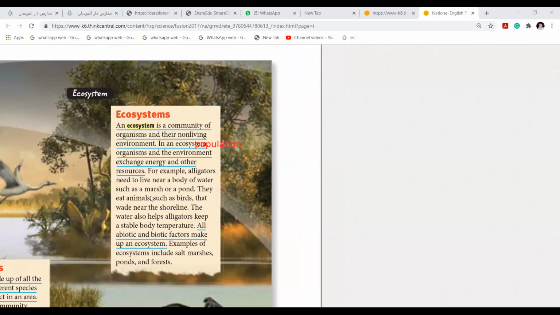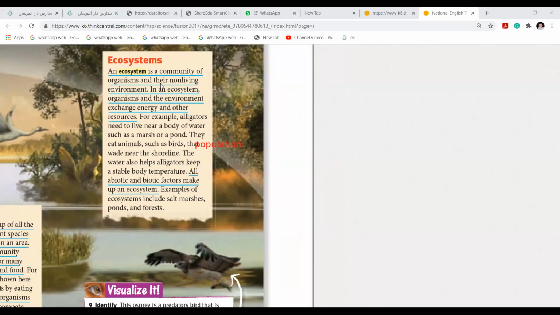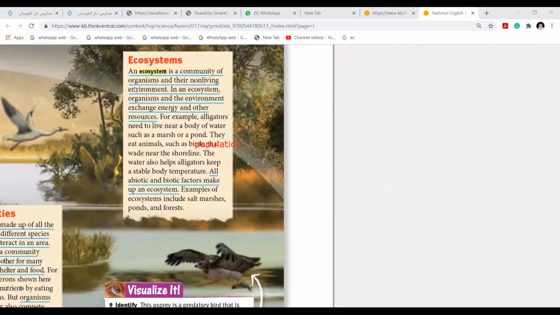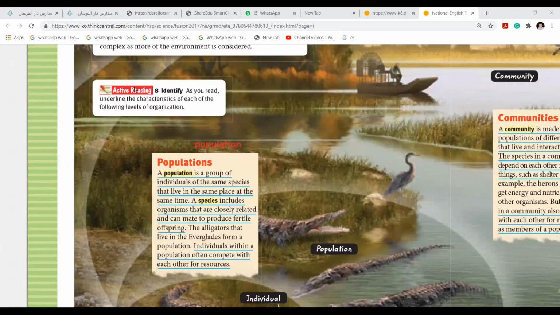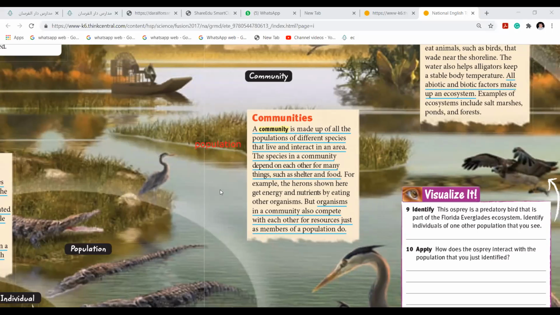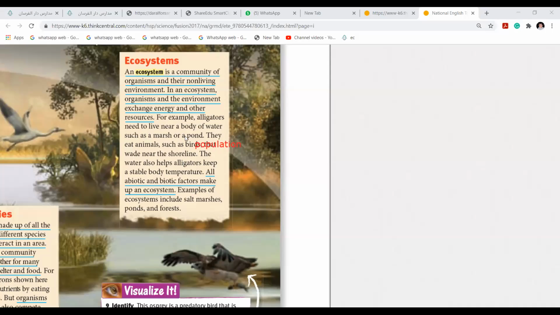And lastly, what is an ecosystem? It's a community of organisms and their non-living environment. Not only organisms, even non-living things. But a population is a group of individuals of the same species that live in the same place. So an ecosystem is living and non-living.